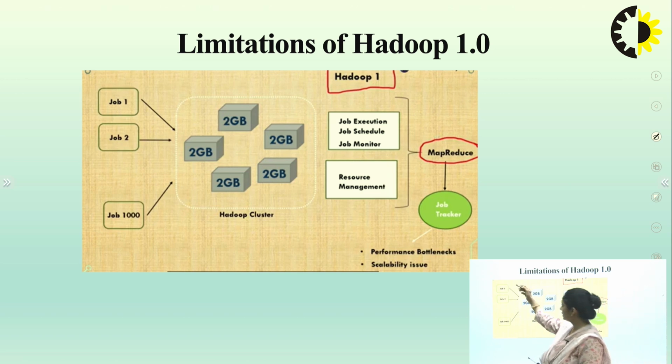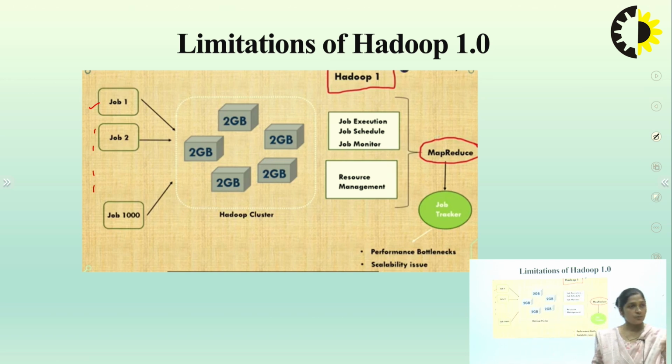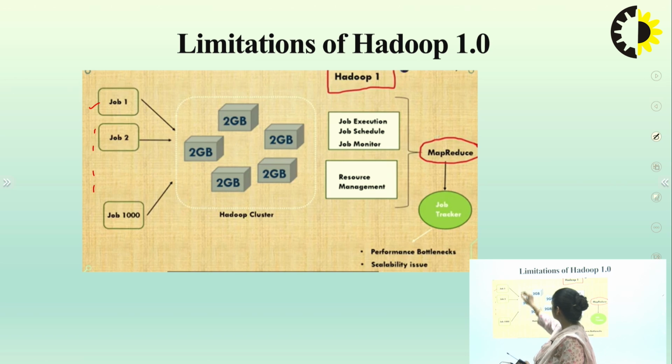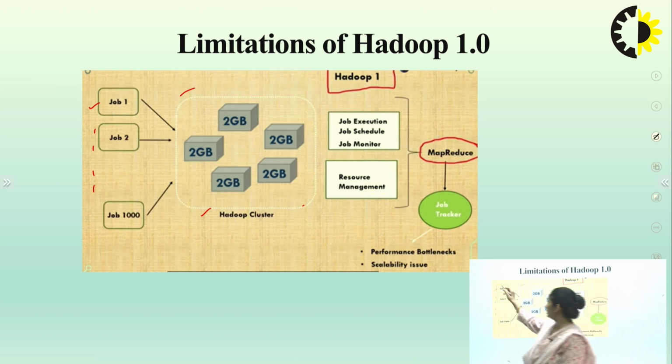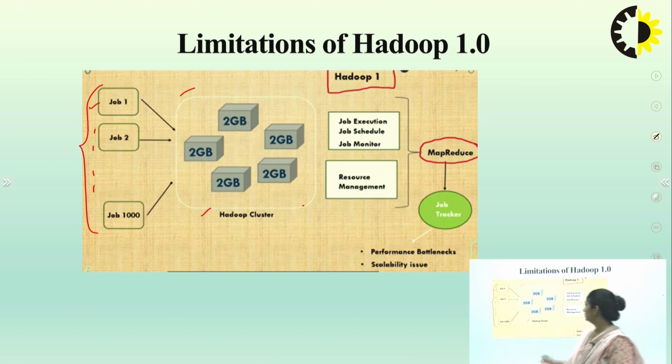As you can see in the diagram, there are multiple jobs, Job 1, 2, 3 up to 1000. These jobs we are executing in this Hadoop cluster. There was a limited size of the Hadoop cluster to execute these particular jobs.